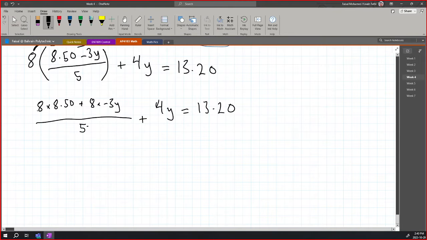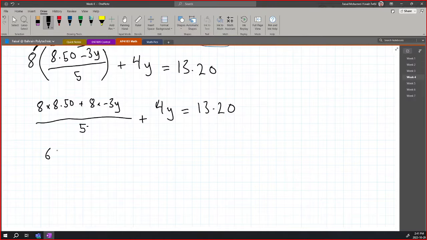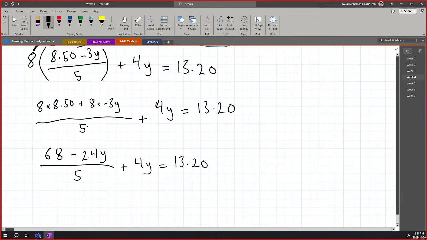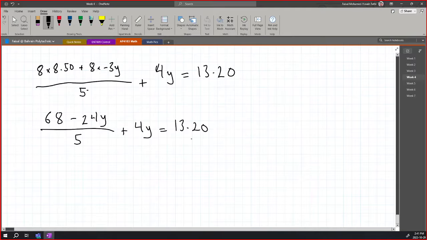If we simplify the top here, 8 times 8.50 is 68, plus 8 times minus 3 is minus 24y over 5, plus 4y is equal to 13.20. Of course you should already know how to solve when you have fractions. I think it was week 2, if I'm not mistaken, where it showed you how to solve those.